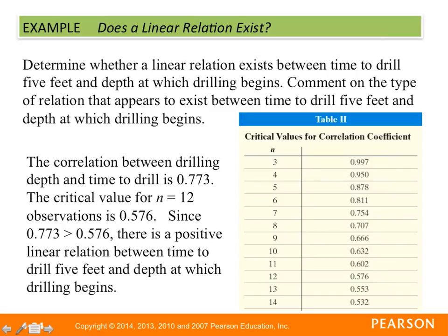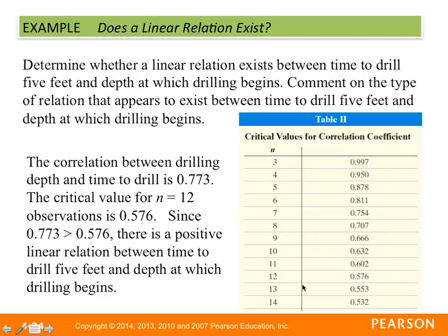So if we want to determine whether a linear relation actually exists between drilling time and depth, then if we go ahead and take a look at this here, we have 0.773, that was our correlation that we had found, and we have n equals 12, so we're going to look over at 12 observations, and we find the critical value to be 0.576.